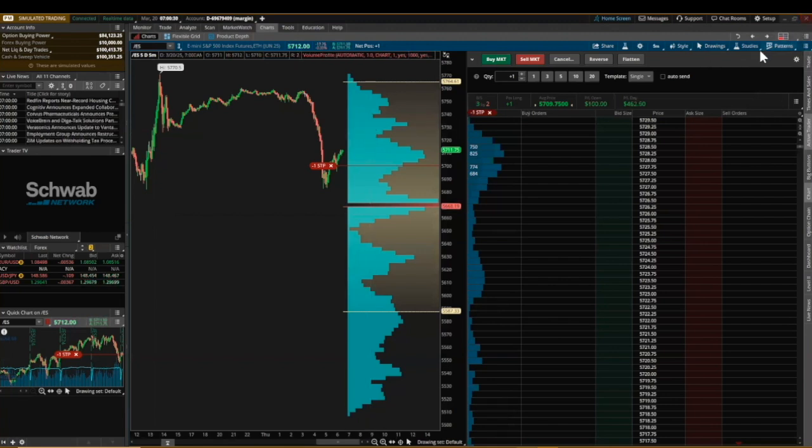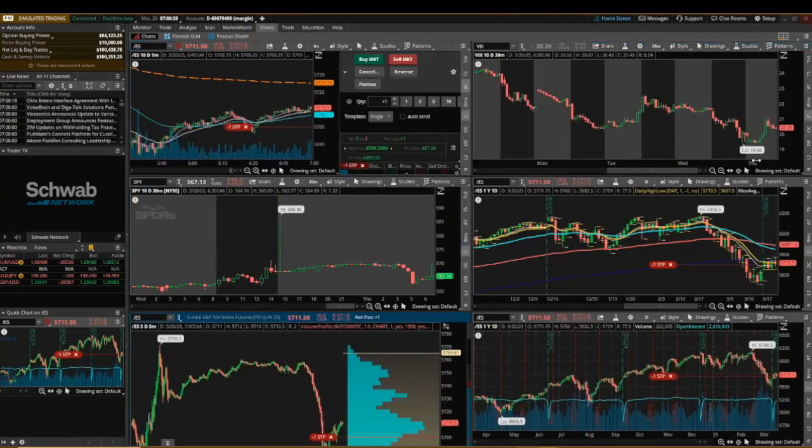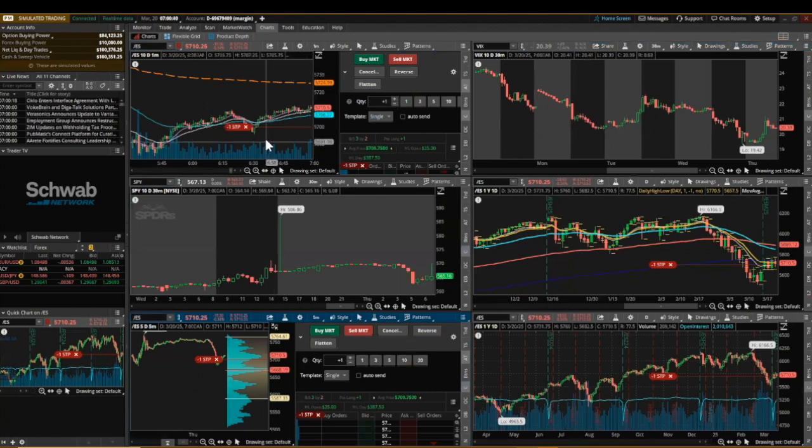Remember, I told you also when we opened, we're going to minimize this again, restore it, so you can see that 1 minute chart up here. Okay, that there's this what we call a volume weighted average. Okay, and price tends to gravitate towards that when it's below it, up to it, and down to it when it's above it.